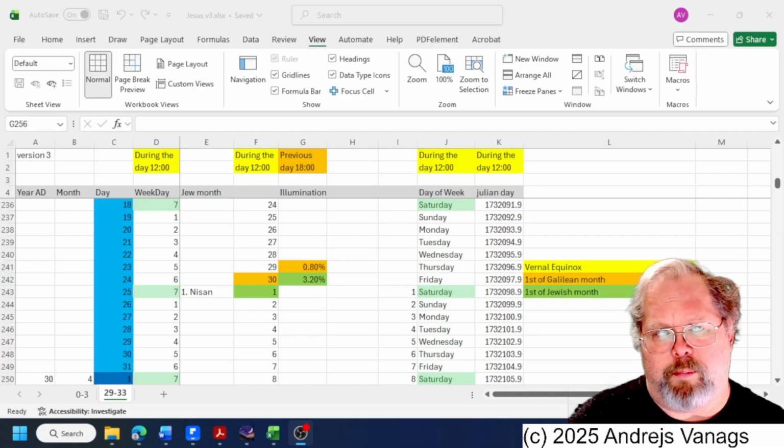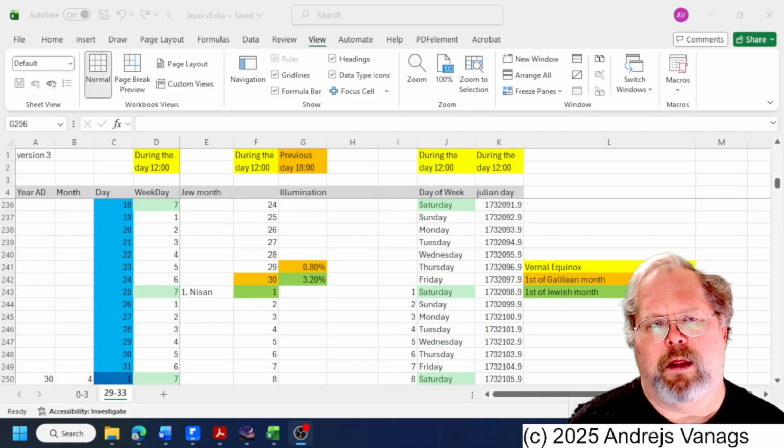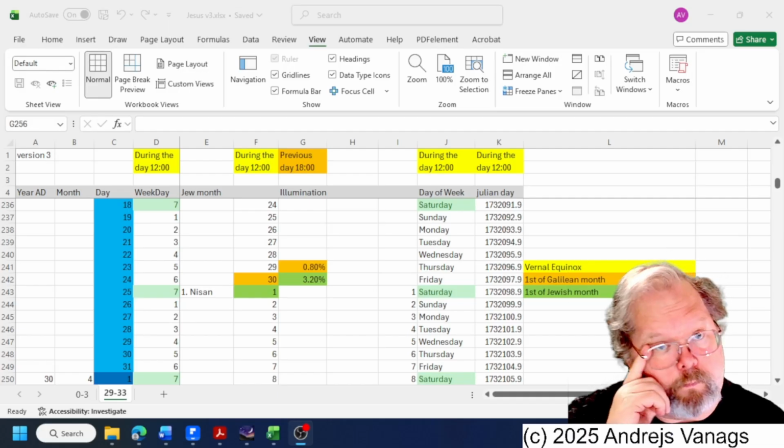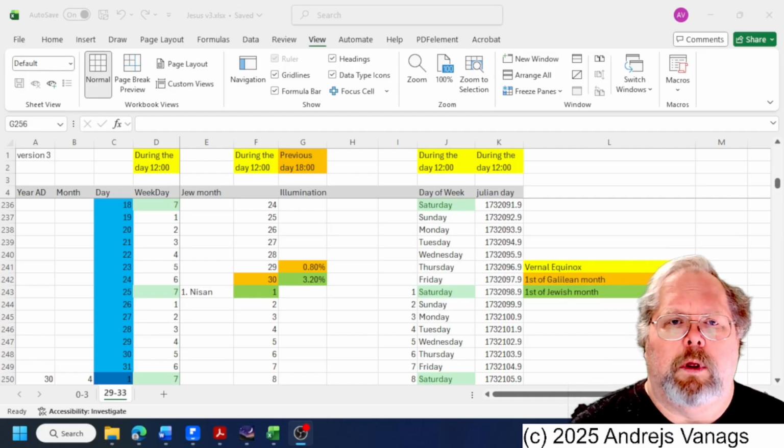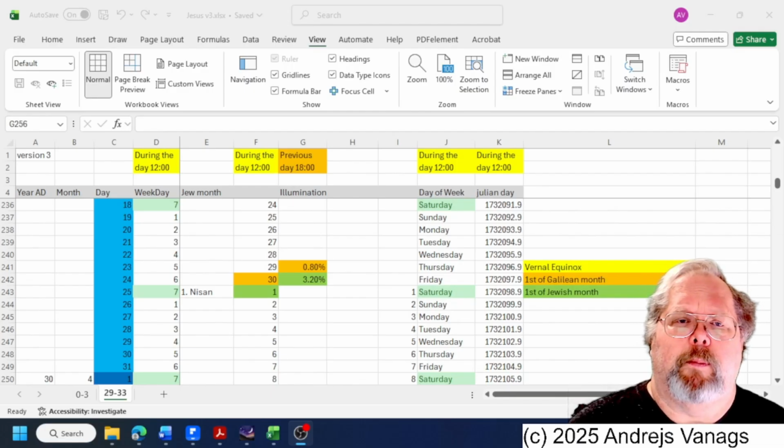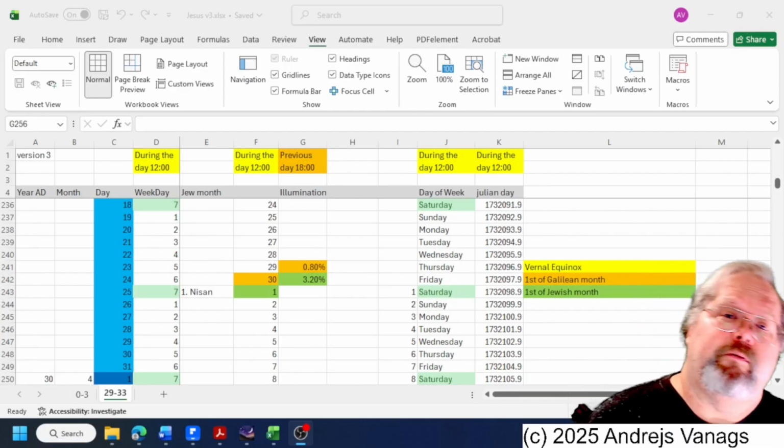So if you go month by month, and you look at the moons, you'll see they start falling backwards.